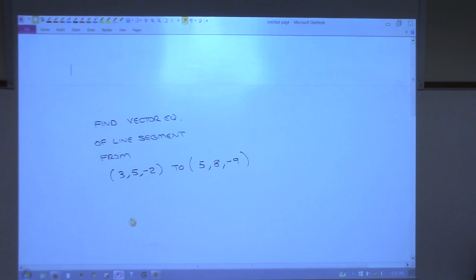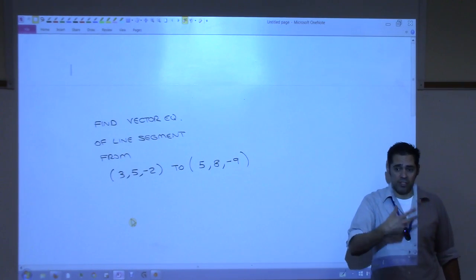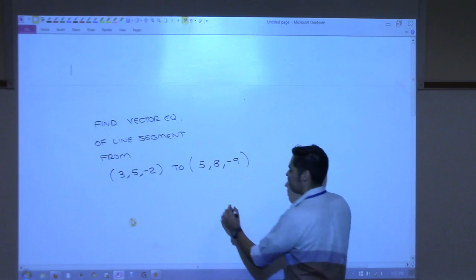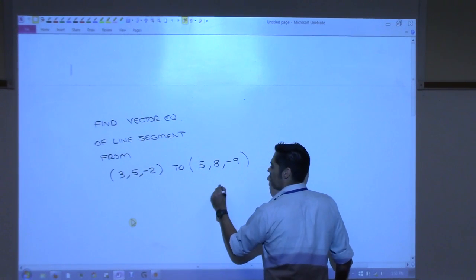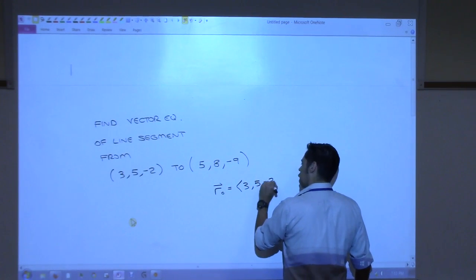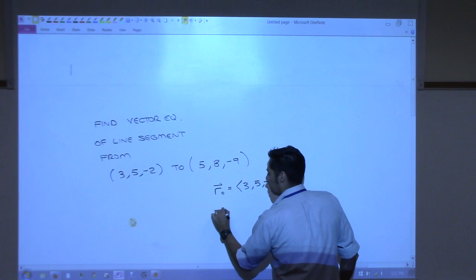Start with R0. What do you want to use for R0? 3, 5, -2. If you're going to follow the way that I've suggested, do you have a choice? No, you do not. R0 has to be the starting point, so it's the vector 3, 5, -2. Then you need a direction vector.